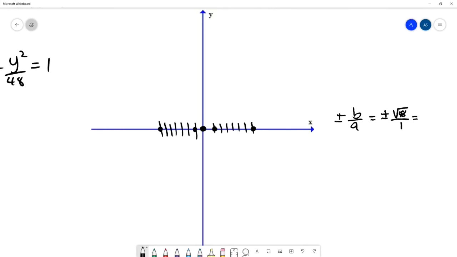Square root of 48 is almost 7. So we're going to say this is almost plus and minus 7. I'm going to go up 7 and down 7, and this is going to give me my rise over run. I rise almost 7, run 1, fall 7 and run 1. This is going to give me my asymptotes for the graph.